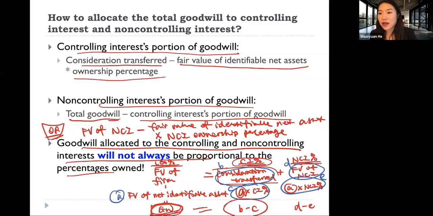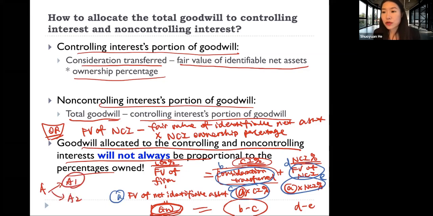In the situation where the firm is paying a control premium, you cannot take the percentage because we would need to assume that all of the control premium paid belongs to the controlling interest. So that kind of distorts this percentage a little bit. That's why when we're doing consolidation entry A, we need to separate it into A1 and A2.